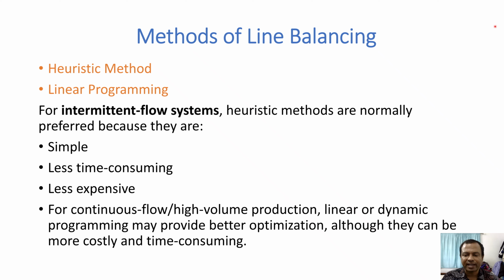So how can we achieve this? That we will study in methods of line balancing. There are many methods of line balancing: heuristic method, linear programming method, etc. For intermittent flow systems, the heuristic method of line balancing is normally preferred because it is simple, less time consuming and less expensive.